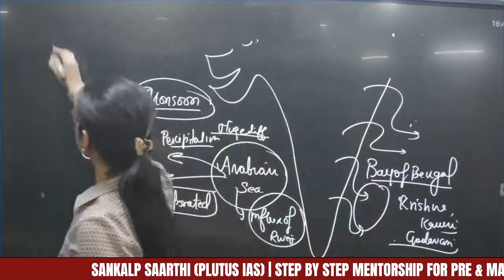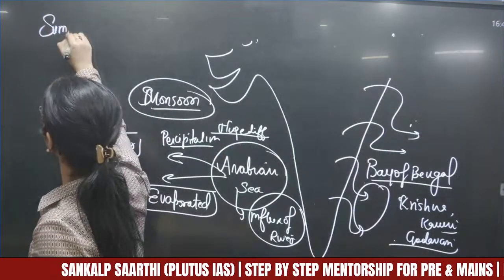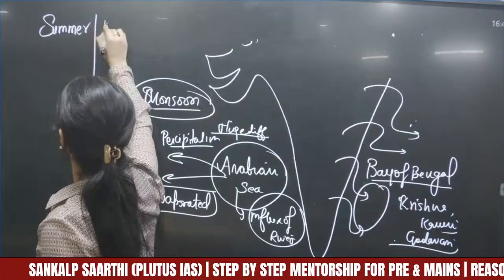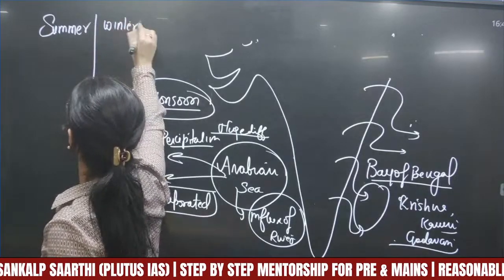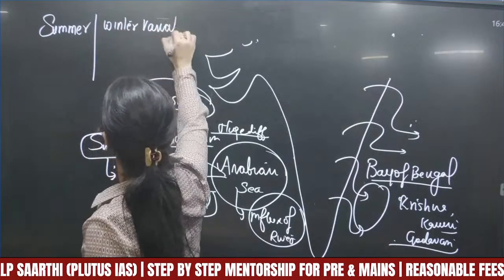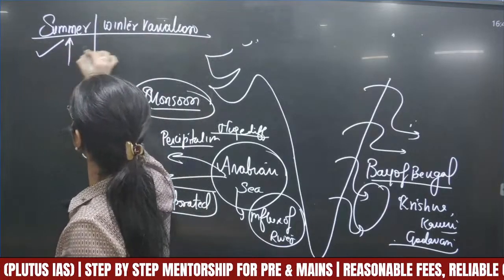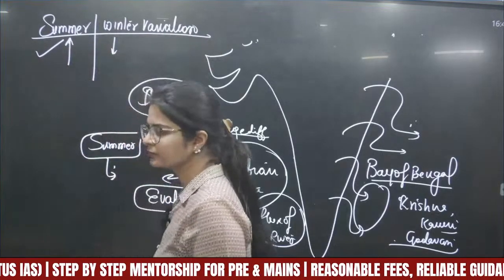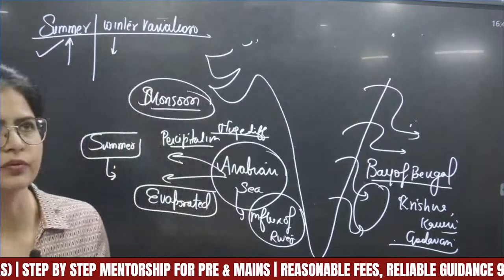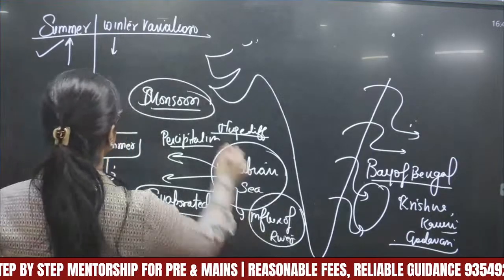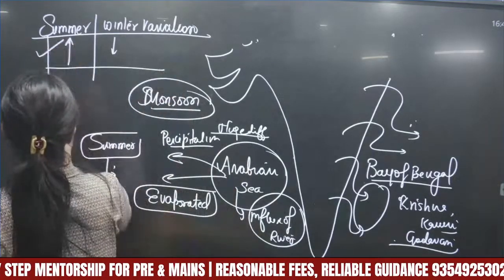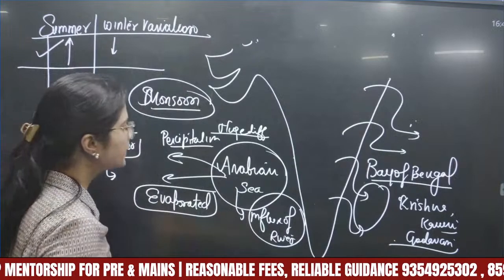So definitely, for a particular place, the summer and winter variation would be there in its salinity value. Take any one place. Salinity value of summers would be more, winters would be less, depending on which area you are taking. Even for polar regions?